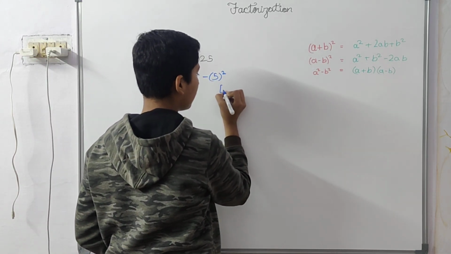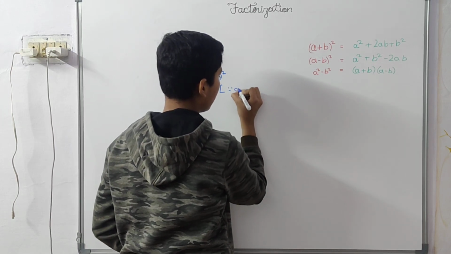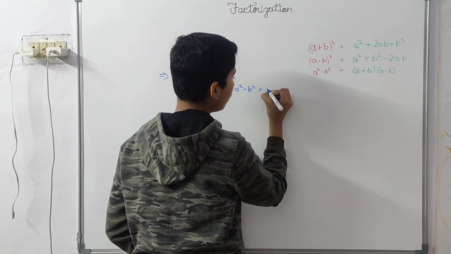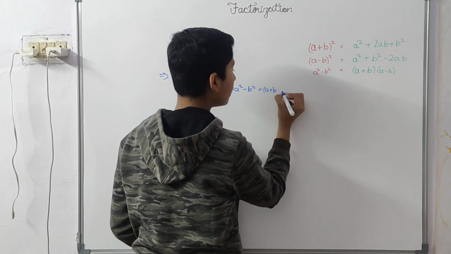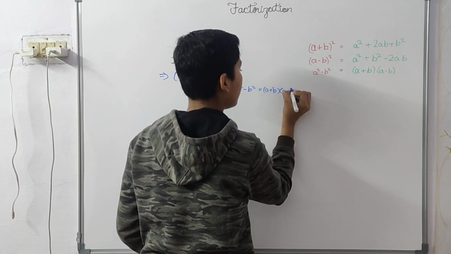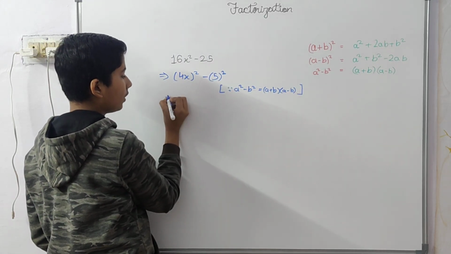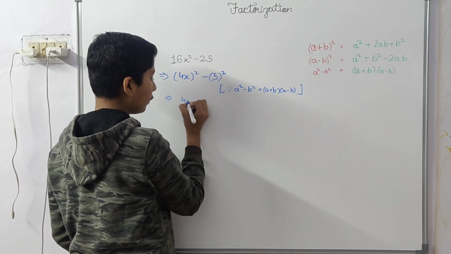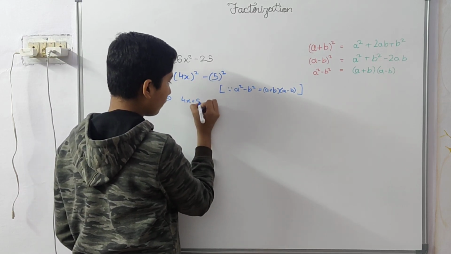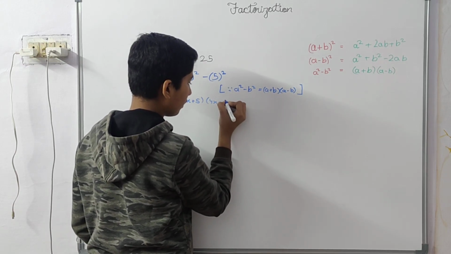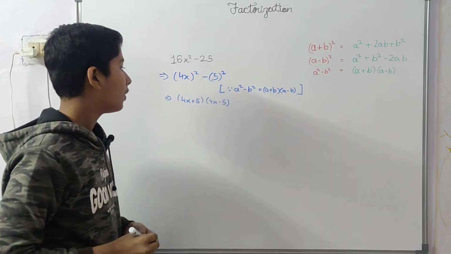Again in bracket, a square minus b square equal to a plus b into a minus b. So here it will come 4x plus 5, 4x minus 5.